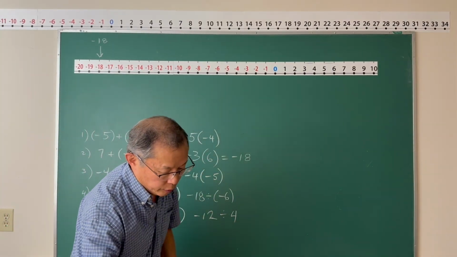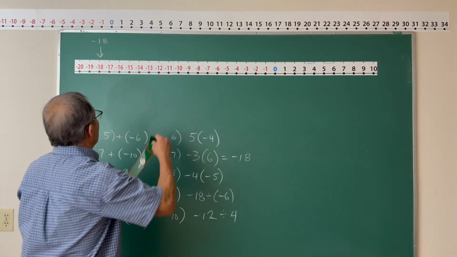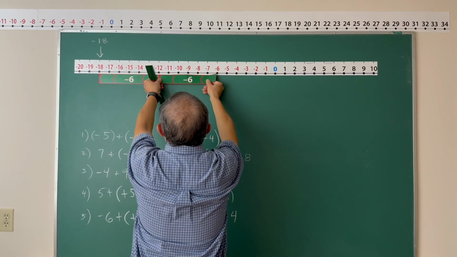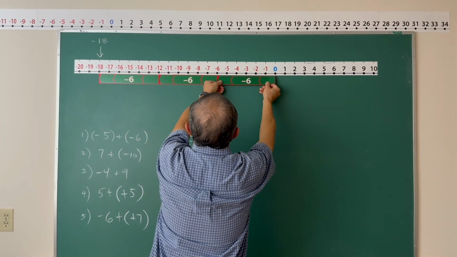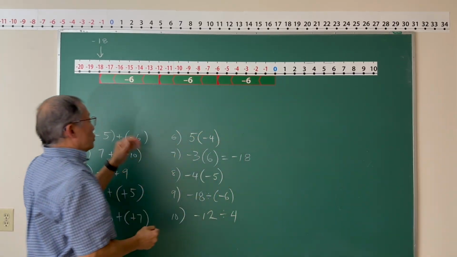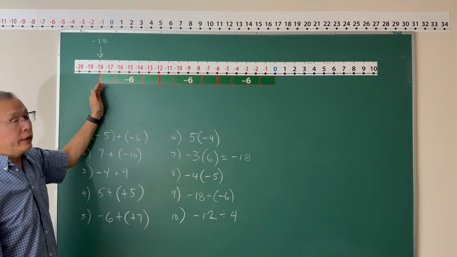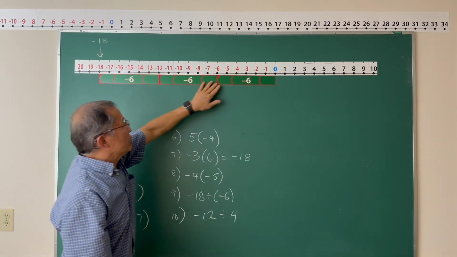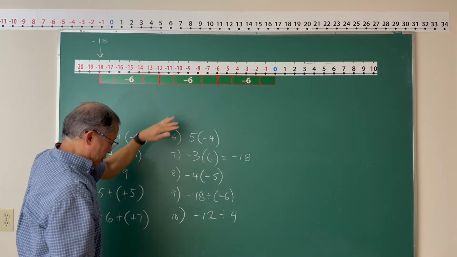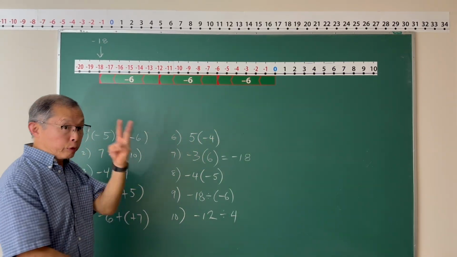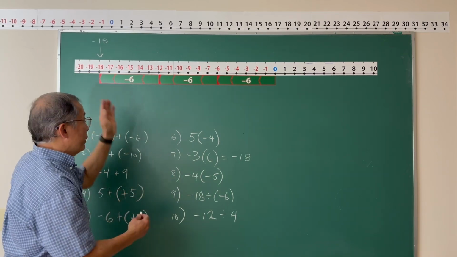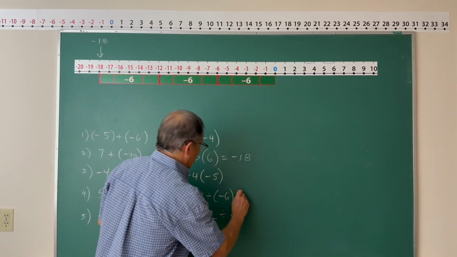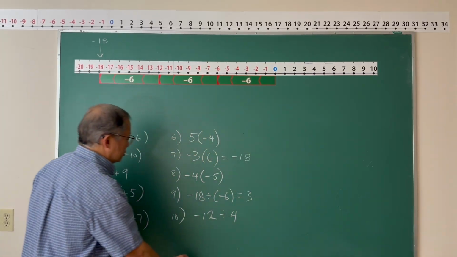Well, 3 -6s. Because what we're asking is, how do we get back to 0 remainders from -18? And because we need 3 -6s to get back to 0, that's why we need 3 of them, not take away 3 of them, but we need 3 of them. -18 divided by -6 is equal to 3.